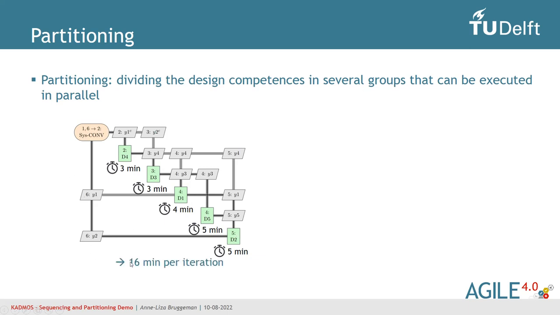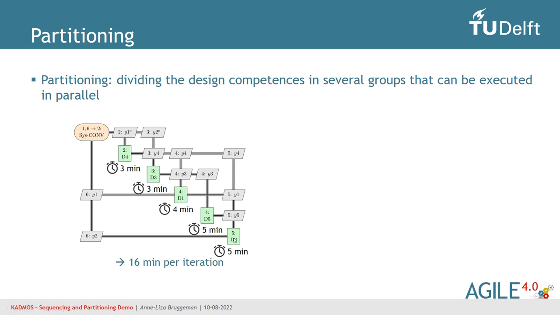In this case, it will take 60 minutes per iteration. Why? Because D1 and D5, as stated earlier, can be executed in parallel. So after 5 minutes, both D1 and D5 are finished. So we have 3 plus 5 plus 5 is 60 minutes.